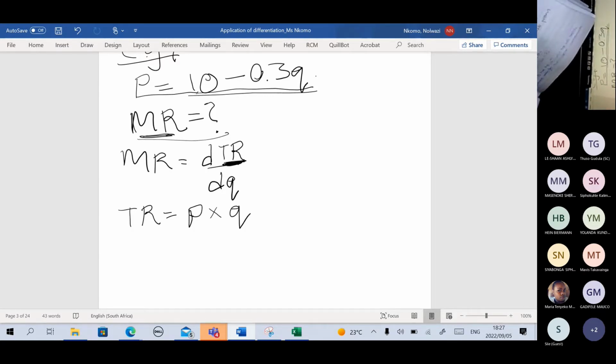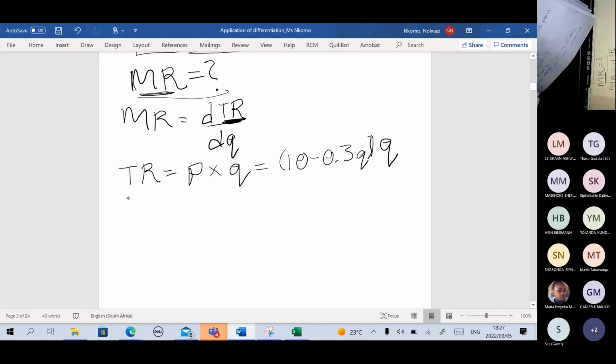We are given the demand function, so we have 10 minus 0.3Q times the number of units demanded. So our total revenue in this case will be 10Q minus 0.3Q squared, right?